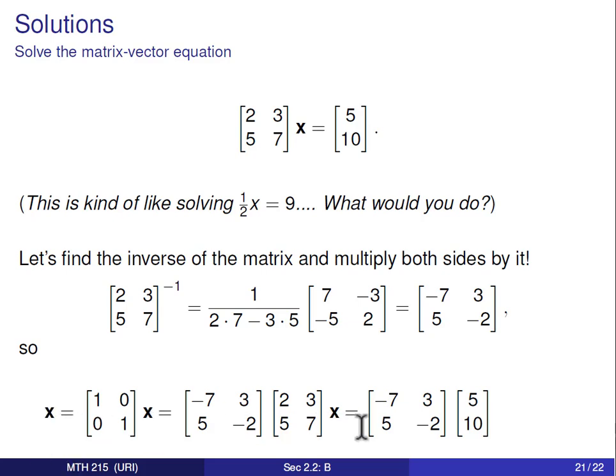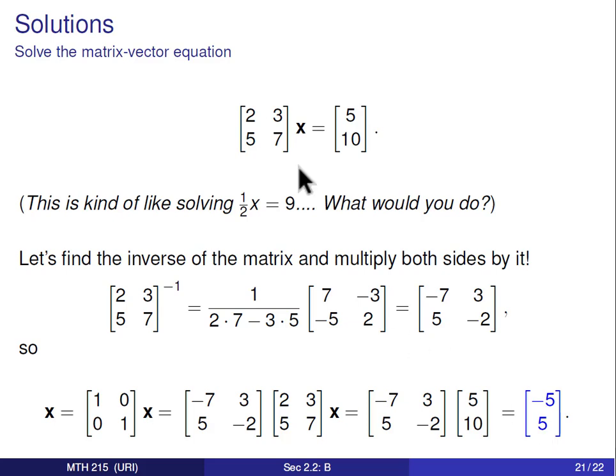Now on the right-hand side, do that multiplication. -7 times 5 plus 3 times 10 is -35 plus 30. That gives me -5 in the top row. And then 5 times 5, -2 times 10, gives me 5 on the bottom row.